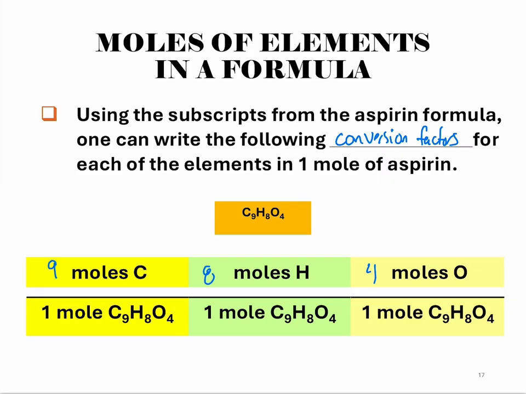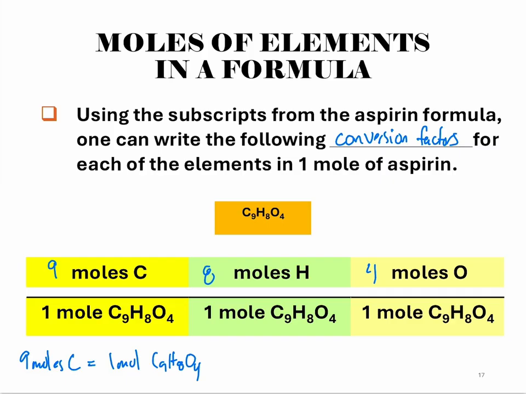Because each of these conversion factors comes from a conversion equality. This tells us that 9 moles of carbon equals 1 mole aspirin, if we're looking at this compound. We have this conversion factor, and then we also have what other conversion factor based off of this equality? You have the inverse. So you could be given, well, I know that I have percent by mass carbon in my substance.